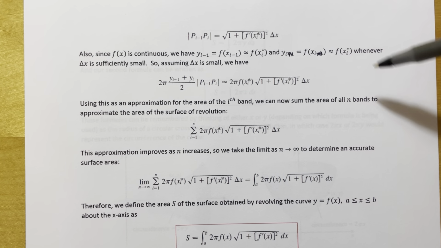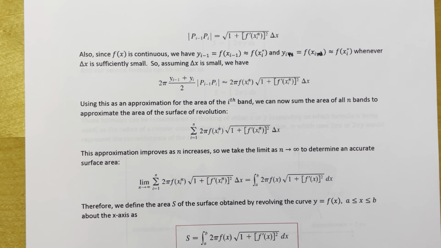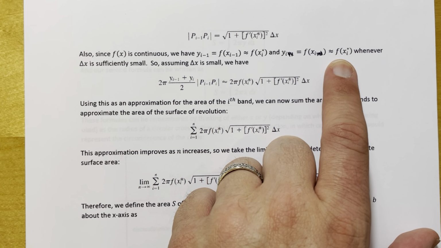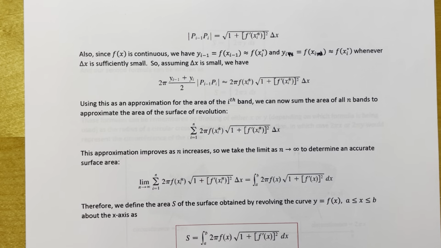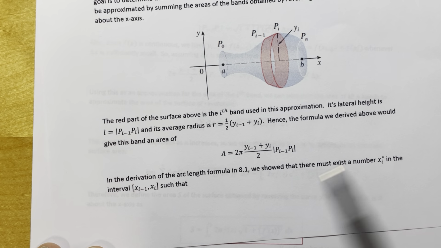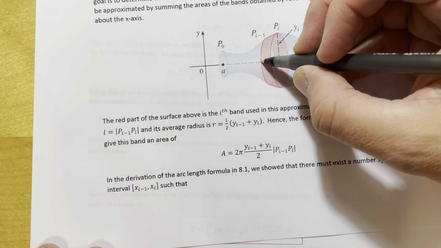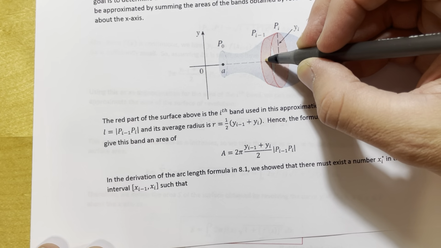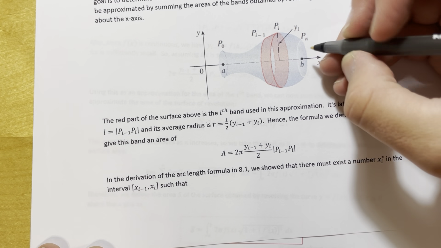Yi is the same thing as f of xi. Now, coming back to this page here, remember this xi star is some number that we would have chosen in this previous step within our subinterval xi minus 1 xi. So remember, xi minus 1 and xi are like values on the x-axis that determine this band here.